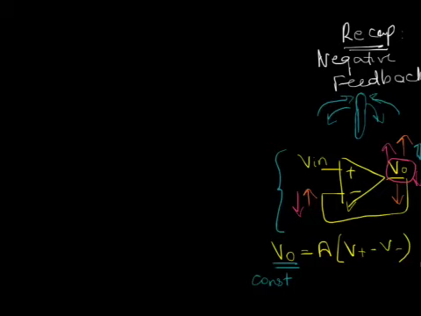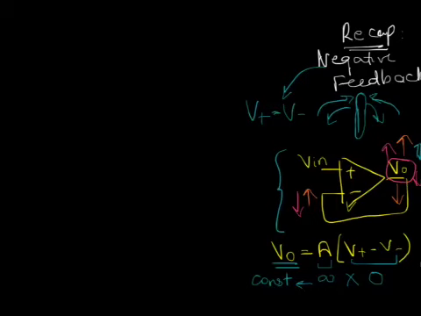So VO will remain a constant. We have assumed A to be infinity, and so this difference has to be 0, because only when it's multiplied by 0 can it give a constant, otherwise it will give infinity. So only in the case of negative feedback can we be sure that V plus is equal to V minus.